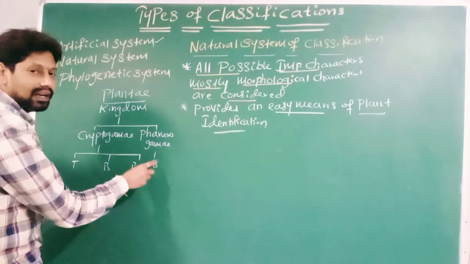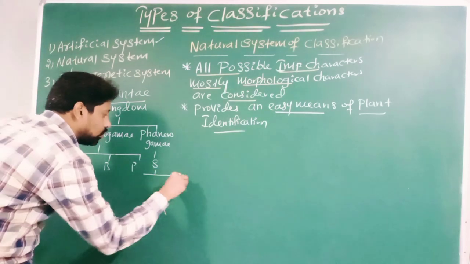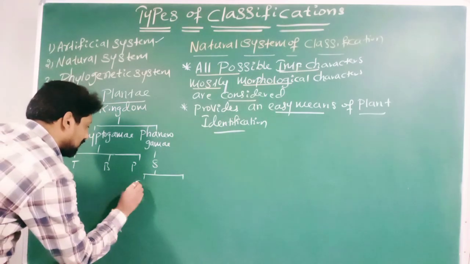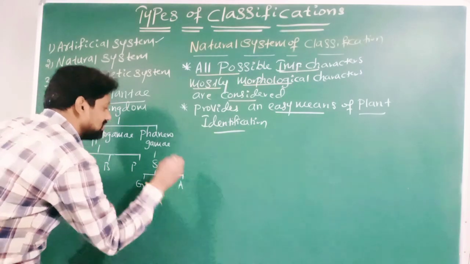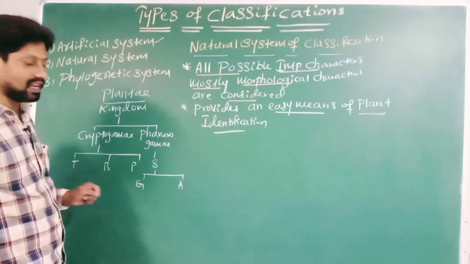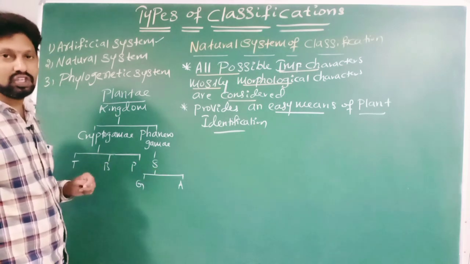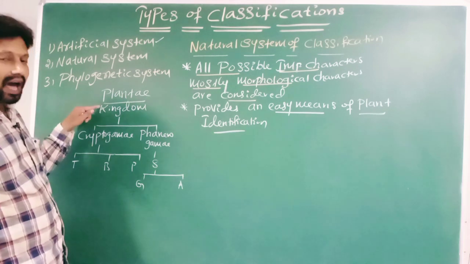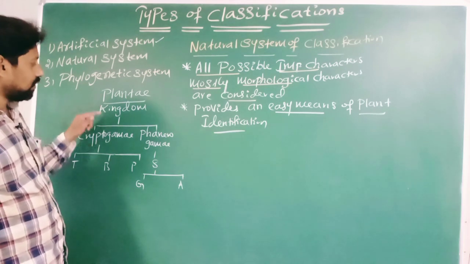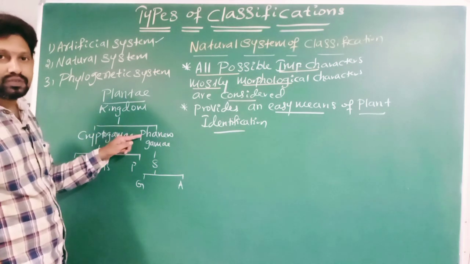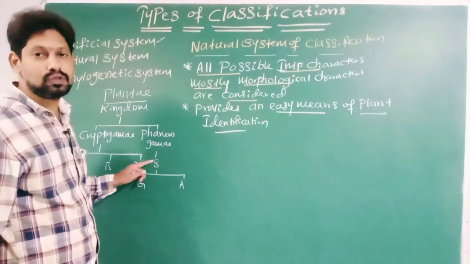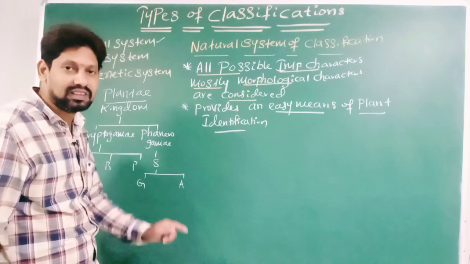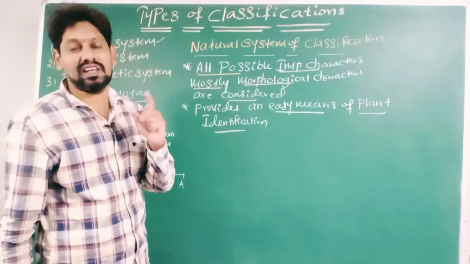This Spermatophyta division has two subdivisions: Gymnospermae and Angiospermae. Like this, the largest group is divided into small groups, and these are further divided until we get the smallest group, such as species.